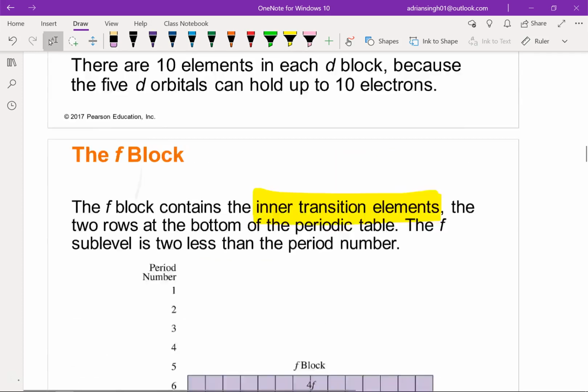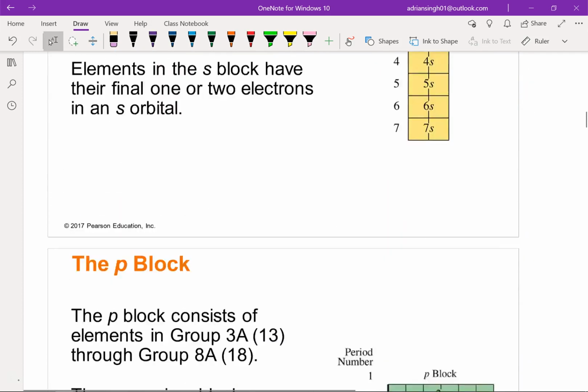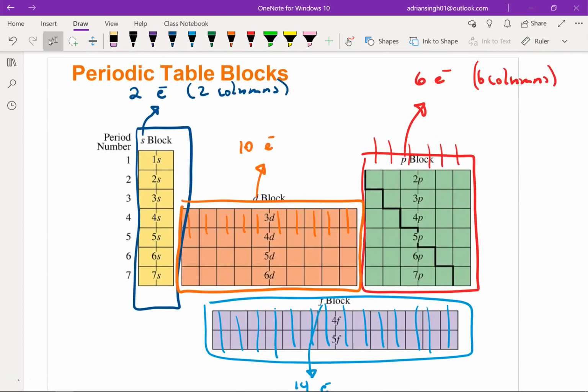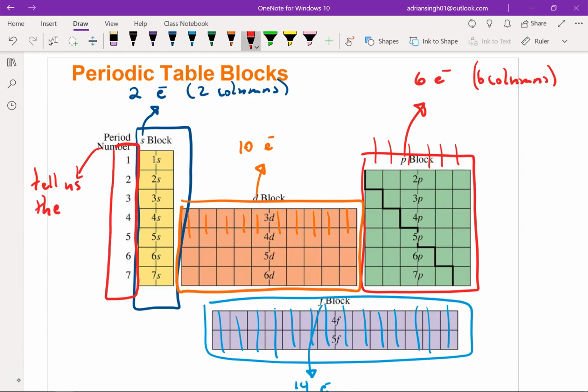All right, so the different regions of the periodic table are going to give us the sublevels, right? But what about the main energy levels, the principal energy levels? Well, those actually come from the periods. Okay, so the period numbers tell us the main or principal energy level or shell.